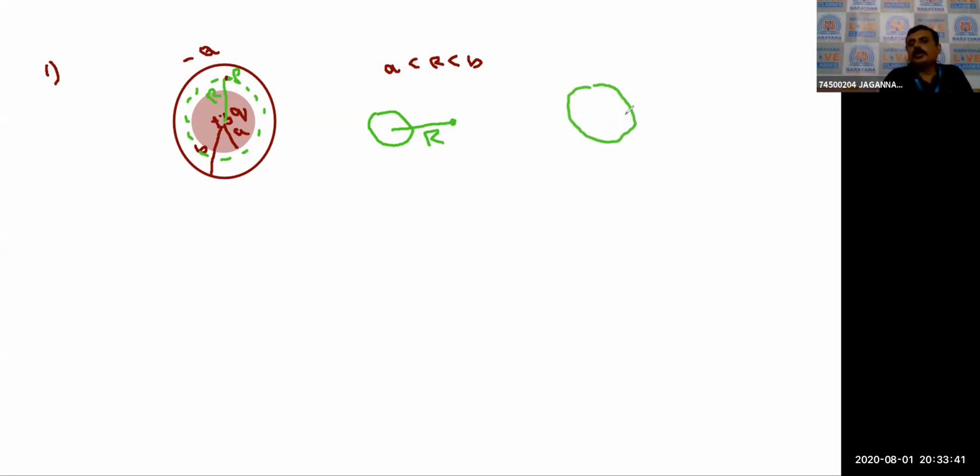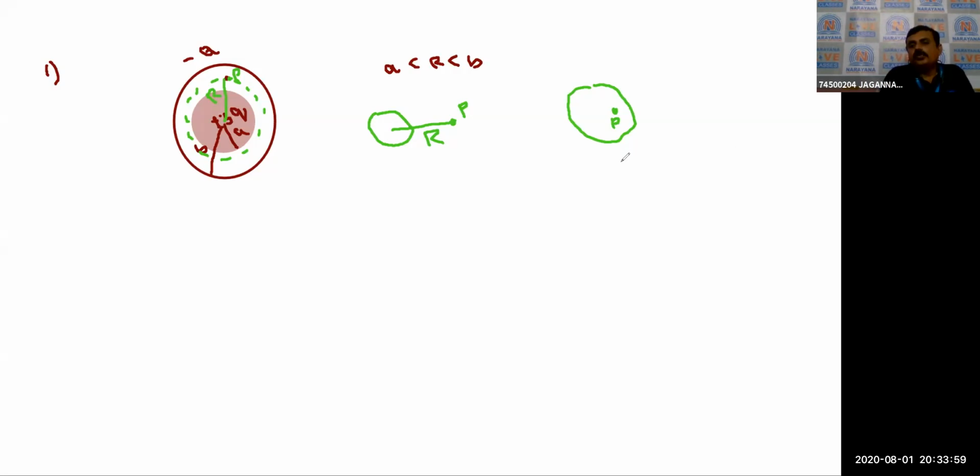For this hollow sphere, the point P is present inside. So for the solid sphere it is at distance R, and for the hollow sphere it is inside the sphere.